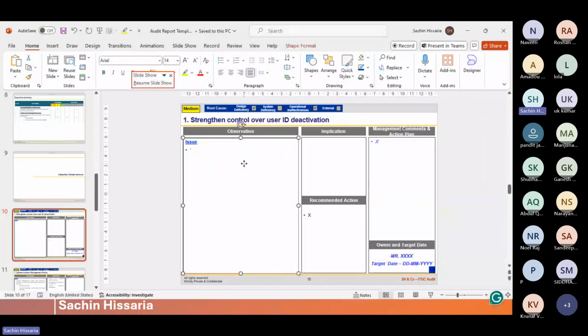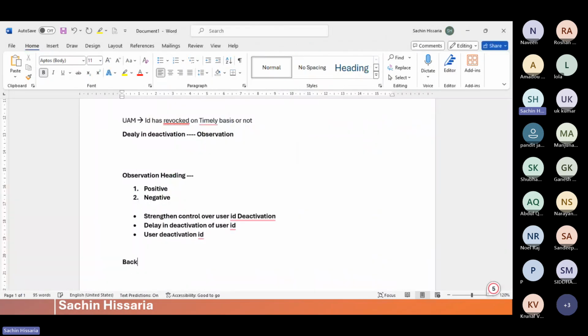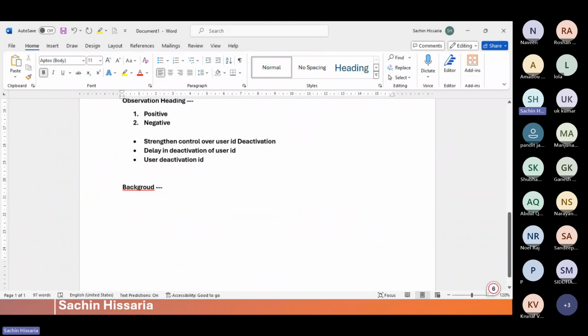First, whatever observation you are writing, give some background about the observation. Now, what is included in the background of the observation? Generally, guys, in a background, we write references to policy and procedures.